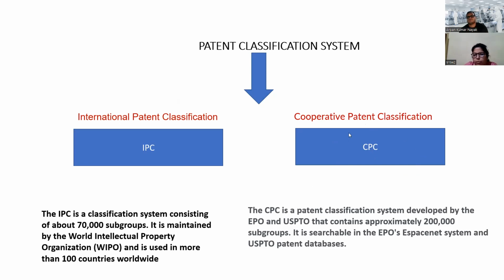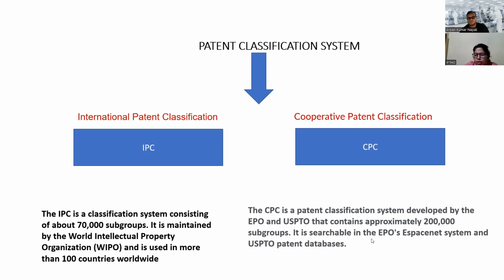In the end they merged and formed the Cooperative Patent Classification system, developed by the EPO, the European Patent Office, and the USPTO. We have approximately 70,000 subgroups in the IPC, but the advantage is that there are approximately 2 lakh subgroups in the CPC classification system.